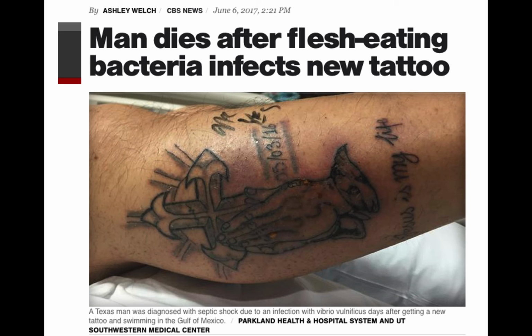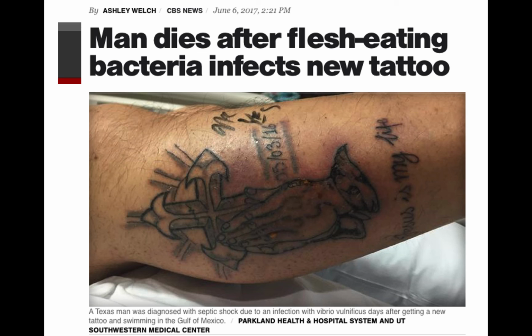You may remember a few years ago, Hurricane Harvey, that massive hurricane that really caused significant flooding and damage to Houston. Those floodwaters were warm, right off the Gulf of Mexico, full of bacteria. And there was at least one patient who died of a Vibrio vulnificus infection because of the floodwaters.